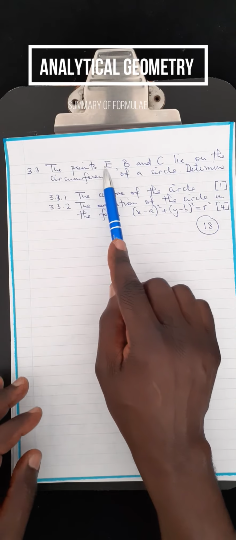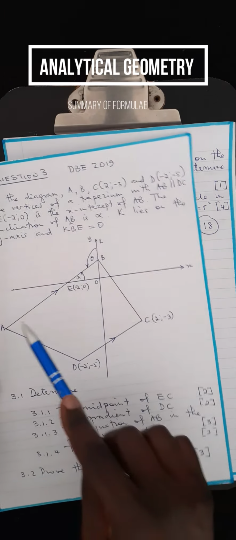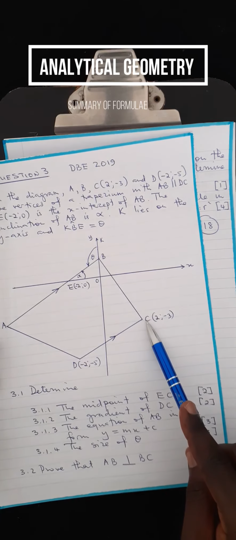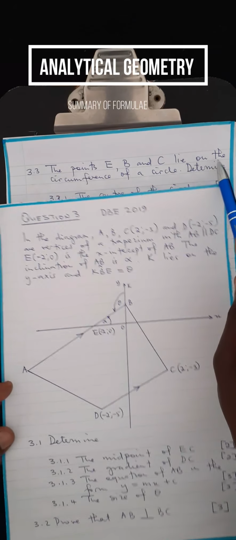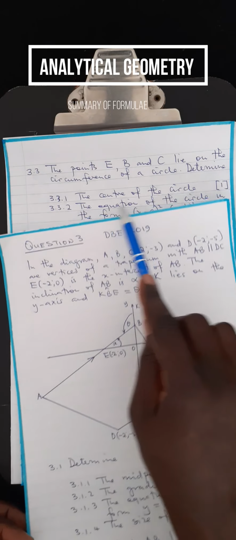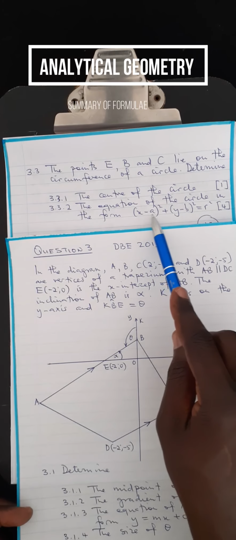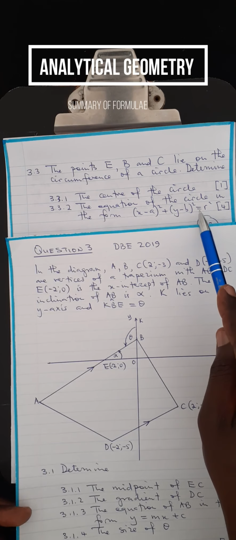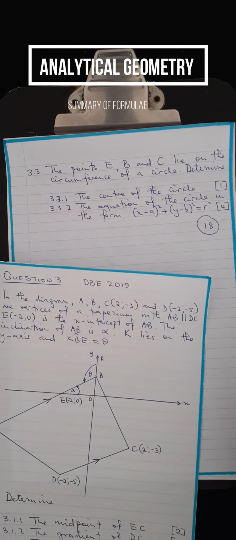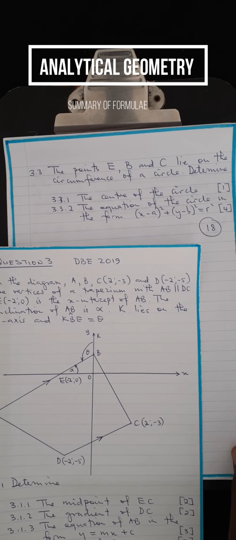We also have the points E, B, and C. E, B, C are the points that lie on the circumference of a circle. Then we are required to determine the center of the circle and the equation of the circle in the form (x - a)² + (y - b)² = r². So 18 marks.